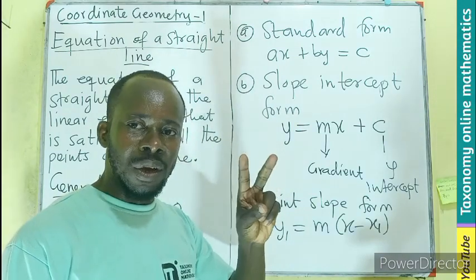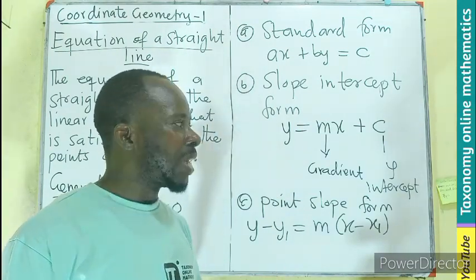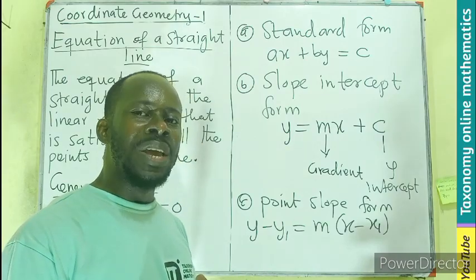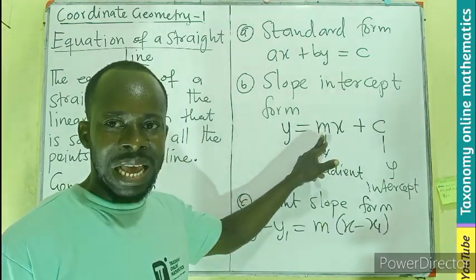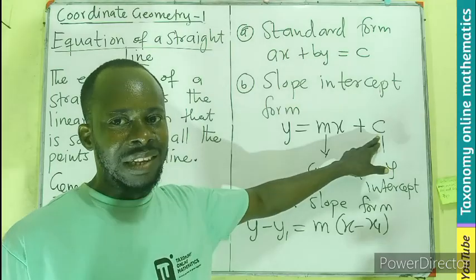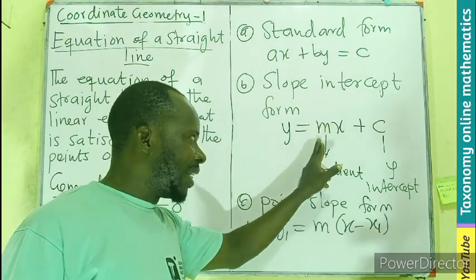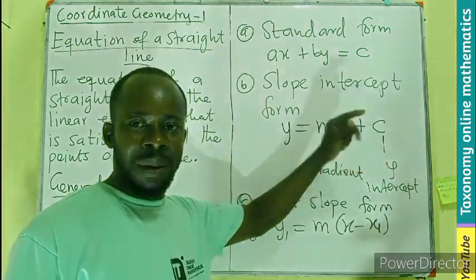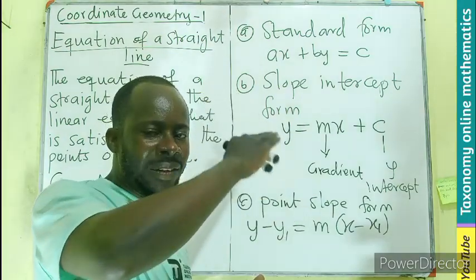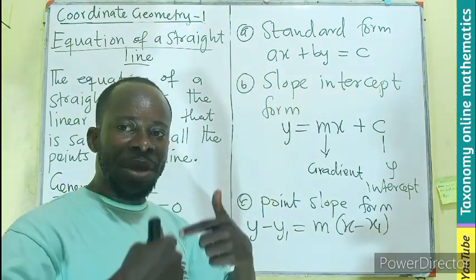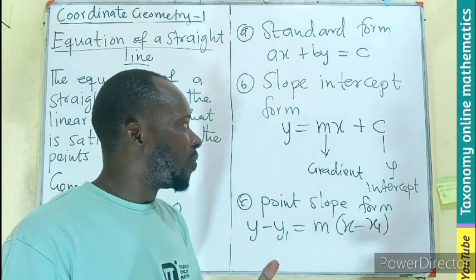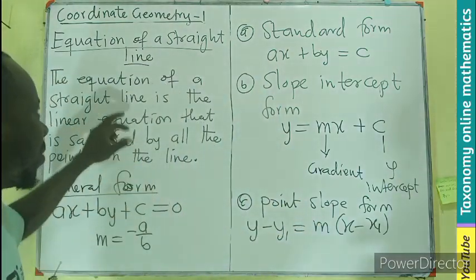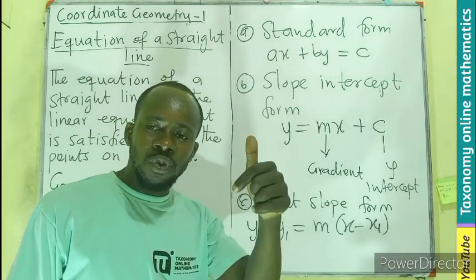Now, in another vein, you may be given the gradient of the line and the y-intercept, the point at which the straight line cuts the y-axis. If that is given, we can easily write down the equation of that straight line.